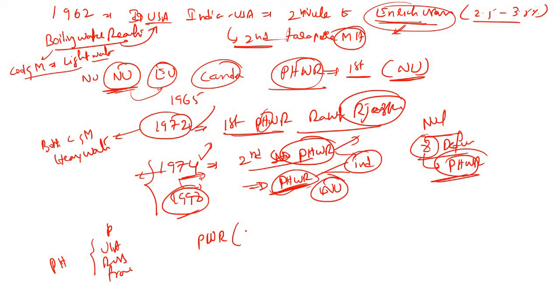Okay, or these are also called light water reactors. I will clear everything, and because these are new things, we need to be more clear. Pressurized water reactors or light water reactors.